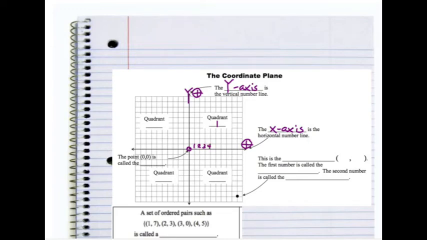I'm increasing with positive digits, right? Quadrant 2, on the other hand, has positive values on the y-axis, but negative values on the x-axis. So when I go to the left, I do have -1, -2, -3, -4. So this direction is negative.